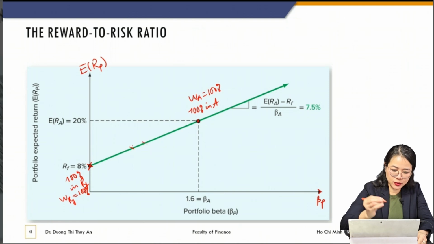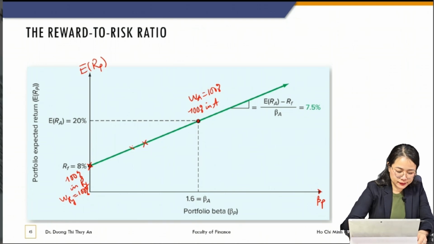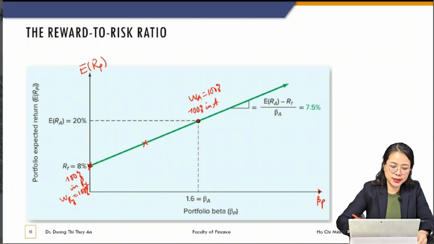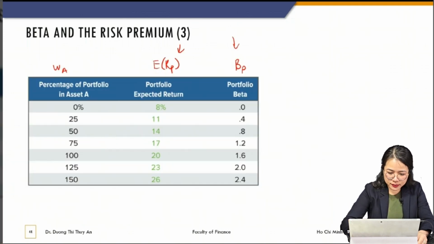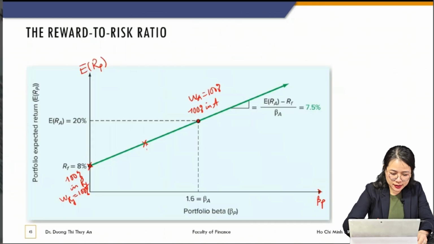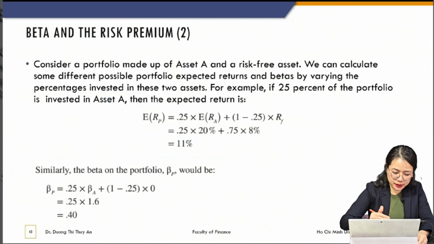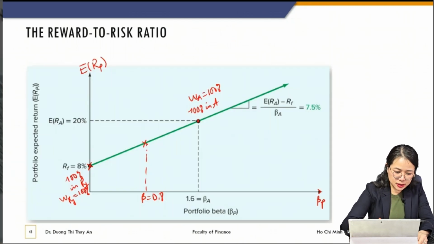For example, the midpoint between the risk-free asset and A: at that midpoint, you invest 50% in A and 50% in the risk-free asset, and the beta is 0.8, and the expected return is 14%.